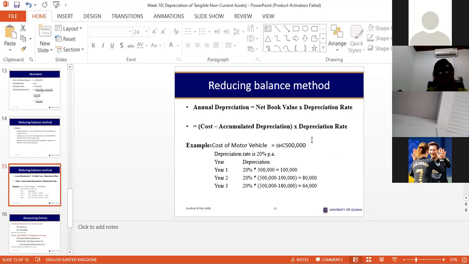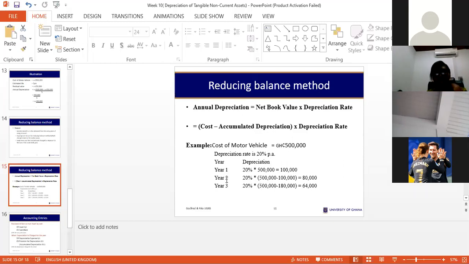So here we still have the example of the motor vehicle, but we have been given a rate and we are using the reducing balance method. So year 1, 20% times the original cost gives us 100,000. In year 1, we are expecting that the usage of the motor vehicle will generate more benefits than year 2.